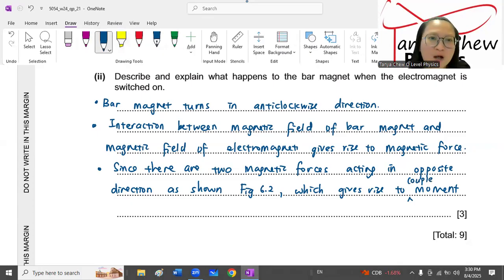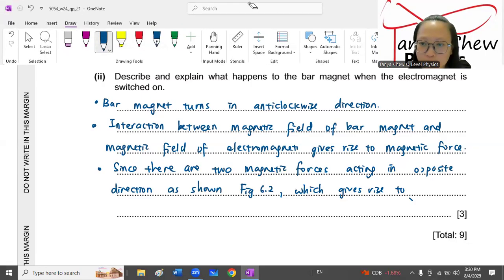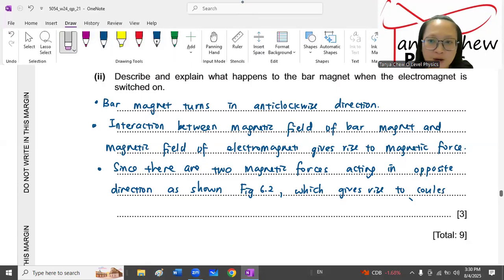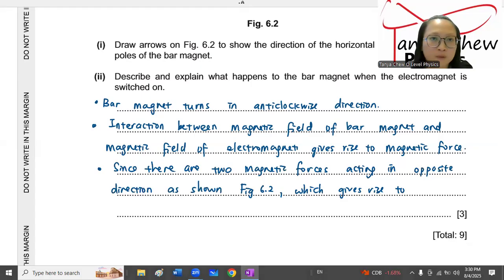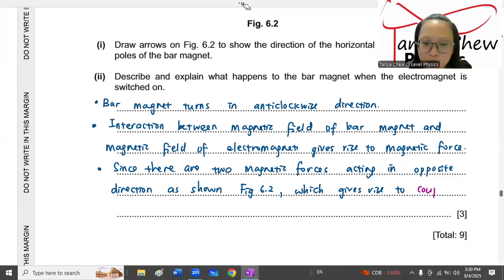What is couple? Okay, I'll write this down. Let me explain a little bit to you. Couple. Okay, I'm so sorry, spelling error again. Couple is actually C-O-U-P-L-E. Right?